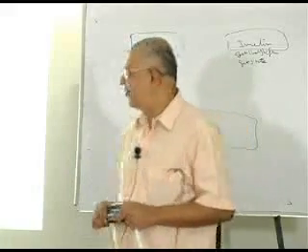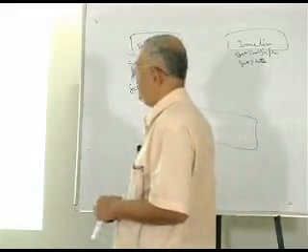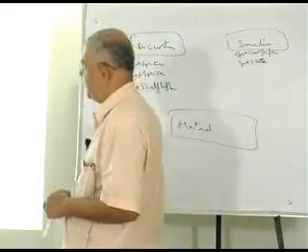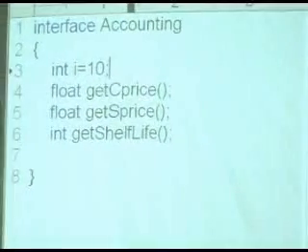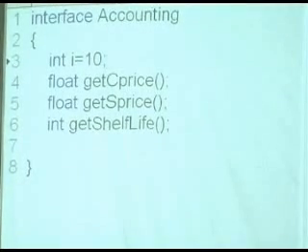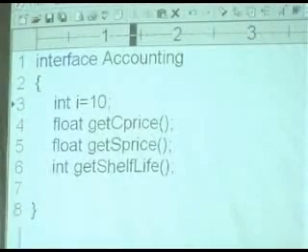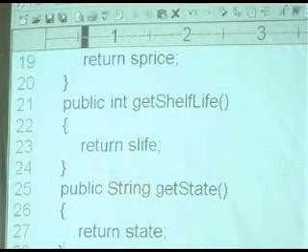However, we are violating it, and we are just saying int I equal to 10. Now how do we use this I in accounting, in material? Let's see whether we can use this; we'll use it in test.